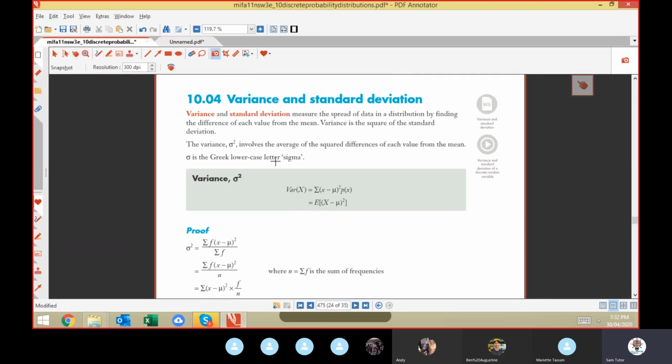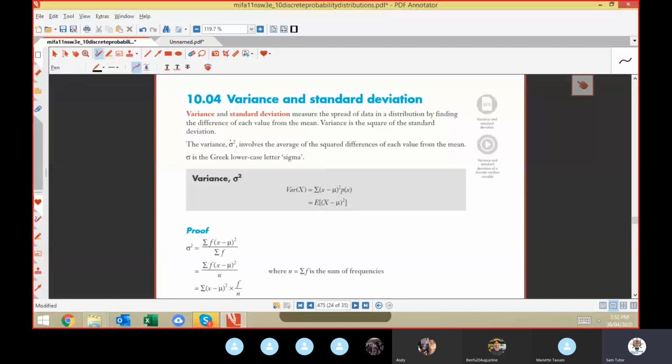What's the variance? Okay, variance and standard deviation measure the spread of data in a distribution by finding the difference of each value from the mean. So it's how far it's spread away from the average, from the mean. Variance is the square of standard deviation.